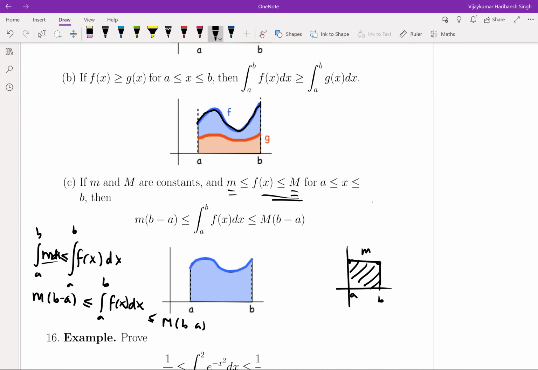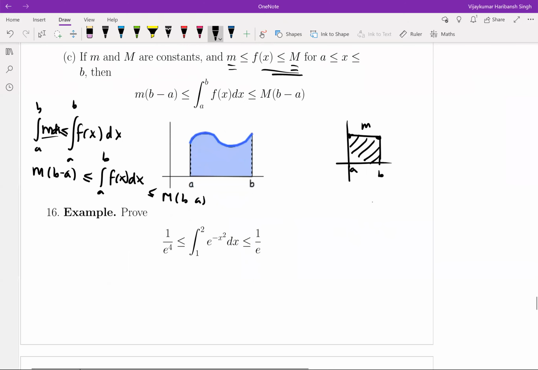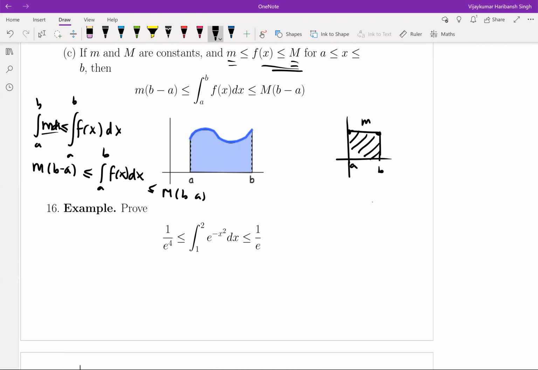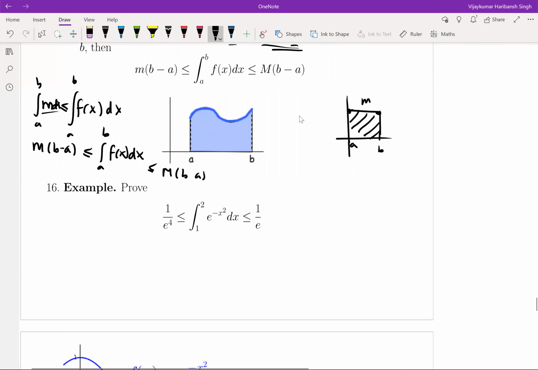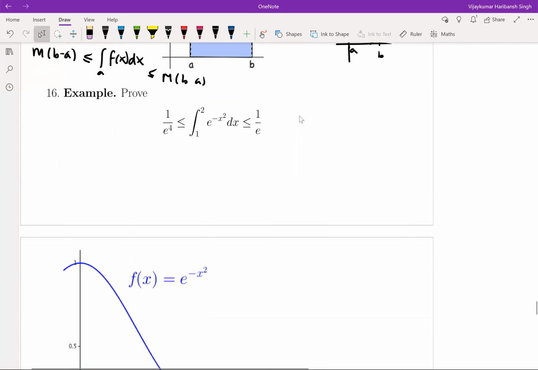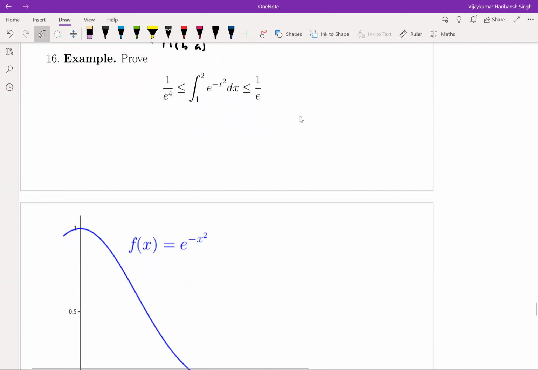Okay. Now let's use that to prove the following: 1 by e to the 4 is less than or equal to this integral, which is less than or equal to 1 by e. So let's make a connection with this, and let's try to do this. So let's look at f of x equals e to the power minus x squared. Now you're integrating this from 1 to 2.